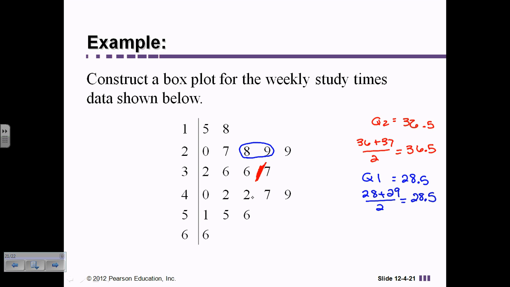Quartile 3 is going to be the same idea. We're going to take the 47 and 49, which sit on either side of it. So 47 plus 49 divided by 2 is 48, and that's quartile 3.